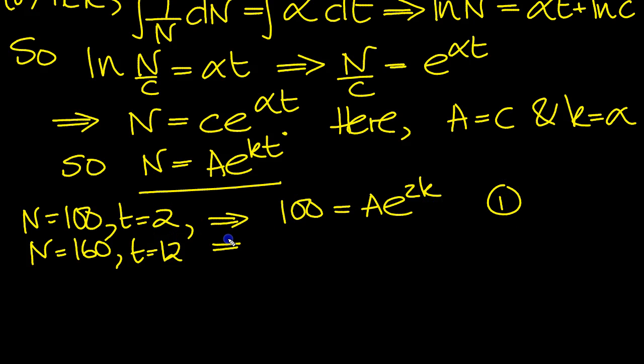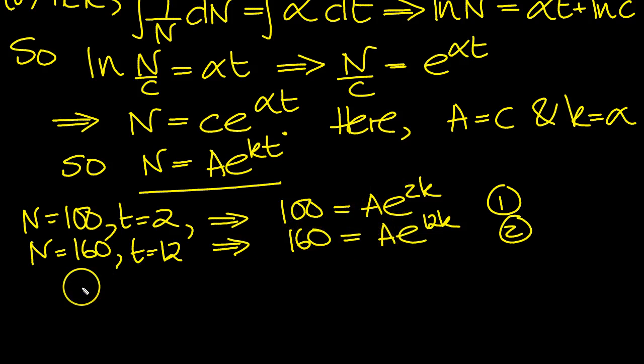Now 160 is equal to a e to the kt, and t is 12, so that's 12k. It's easier on the eye to write it as 12k rather than k times 12. Equation 2 divided by 1 will get rid of the a's and we can solve.